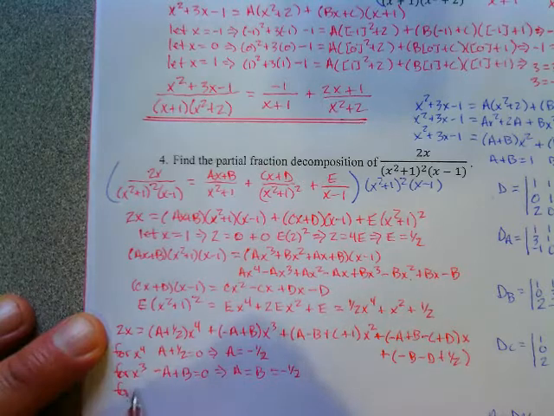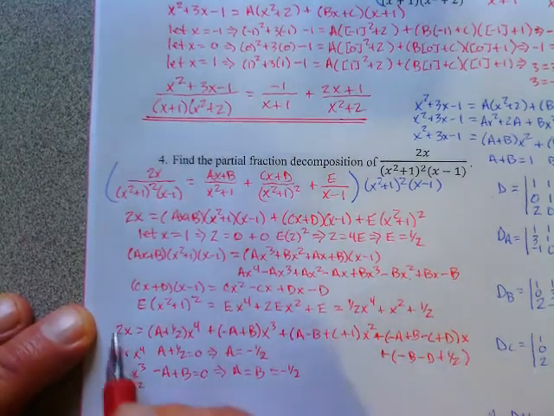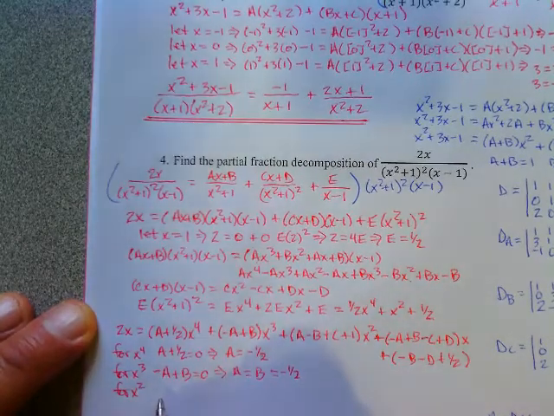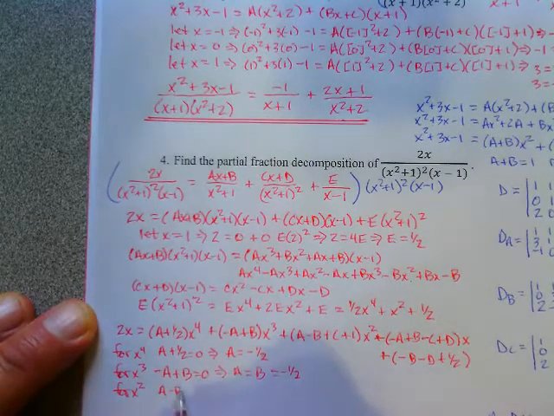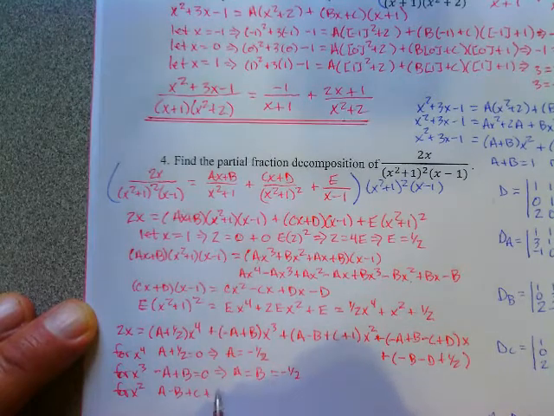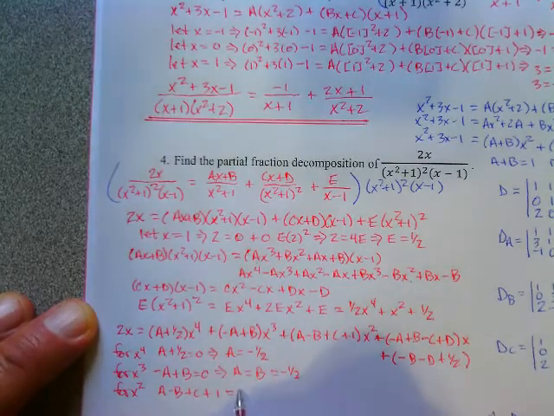For the x squared, again, all of these are 0, because the 2x is the only one that had an x term. So here I have to have a minus b plus c plus 1 has to equal 0.